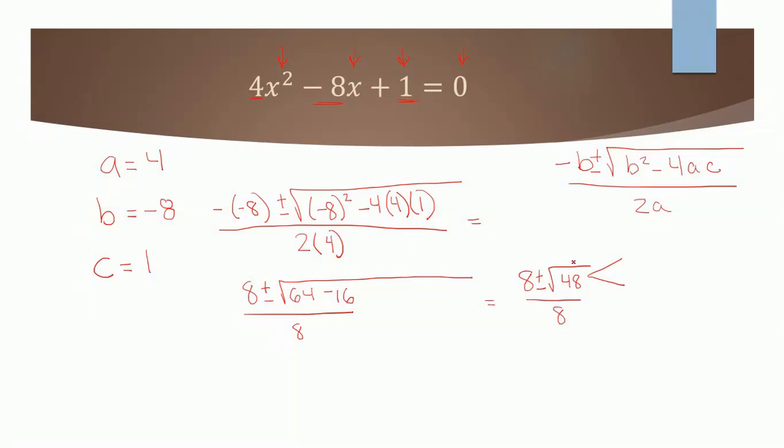So I can change this into the square root of 16. And 16 times 3 gives me 48, right? Well, square root of 16, that's just 4. So this square root of 3 is just going to come along. So this is technically 4 square roots of 3. So I have 8 plus or minus 4 square roots of 3 all over 8.